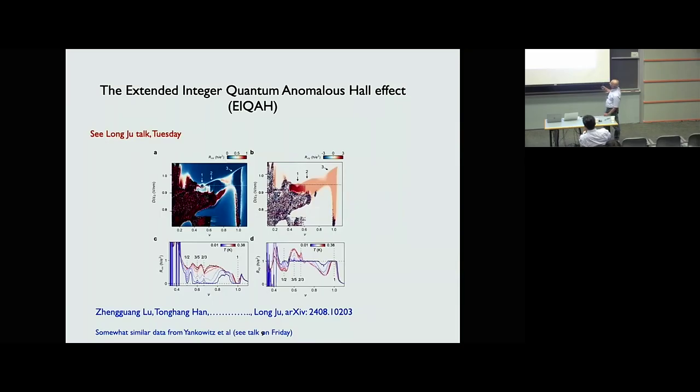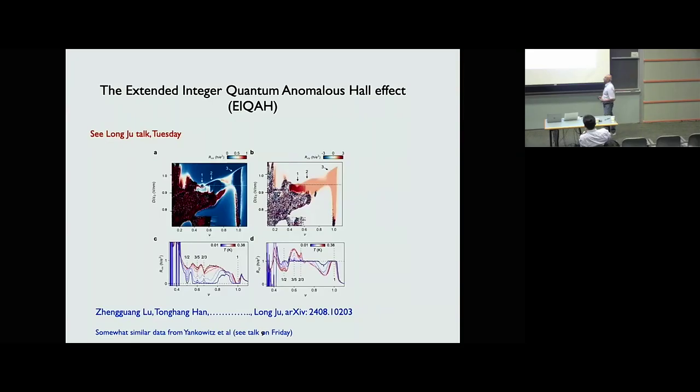There's also an Rxy plot. In this region, you can't quite see it in this color plot, but this color corresponds to Rxy of h over e squared. So that's why it's called an integer quantum Hall state, an extended integer quantum Hall state. Someone was asking me why it's called extended. It's extended because it extends over a range of density.